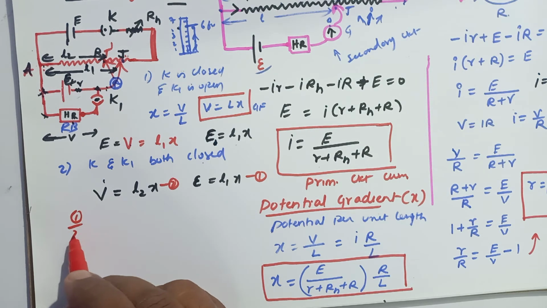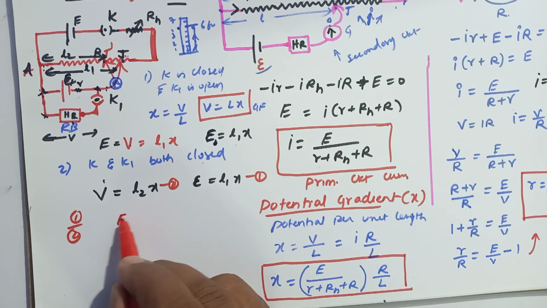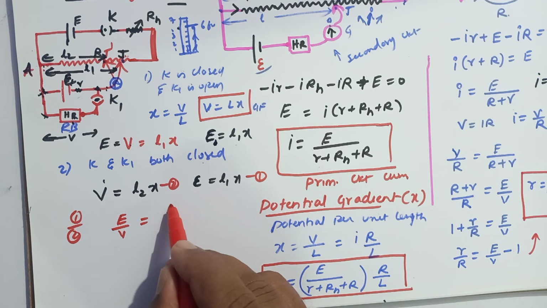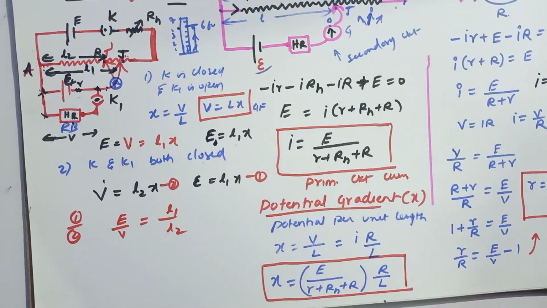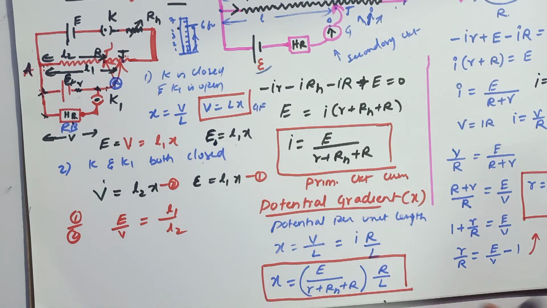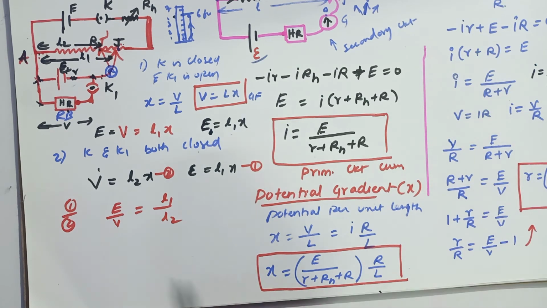Then 1 by 2 means you'll be getting E by V, which is equal to L1 by L2, because X is going to be cancelled here. X is going to be cancelled. E by V is equal to L1 by L2. And you all know here, if you are going to write like this, what are you going to get here?